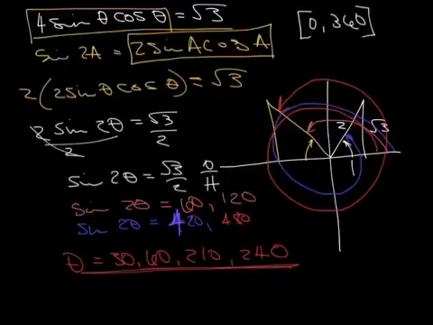So does that make sense how that worked? Because we talked about the sine being positive in the first and second quadrant, but then I've got a 210 degree angle, which is down here, and a 240 degree angle, which is also in this third quadrant. So it's like, how am I getting in the third quadrant? Well, we are looking at what theta is.